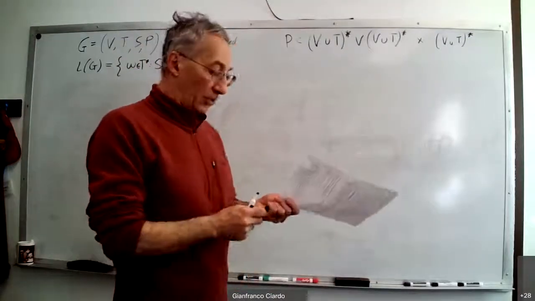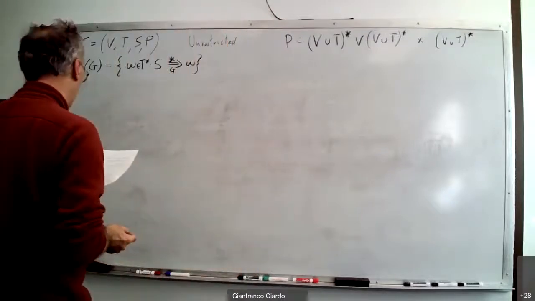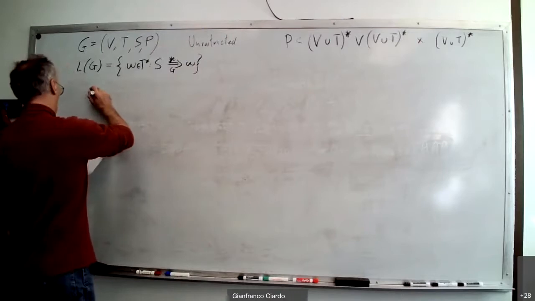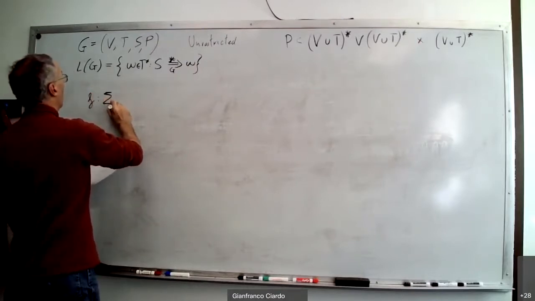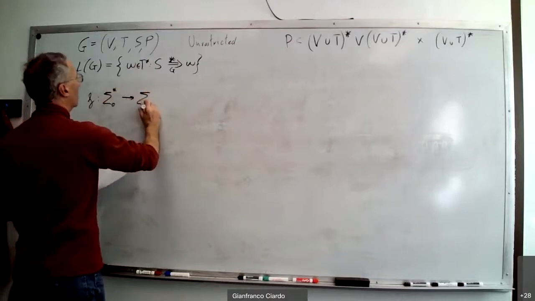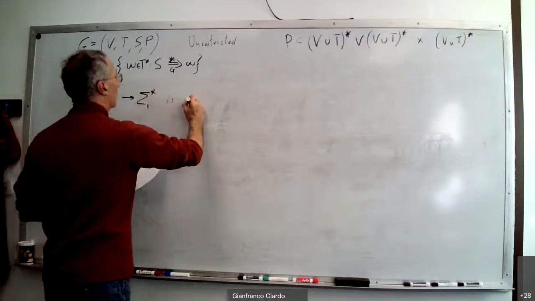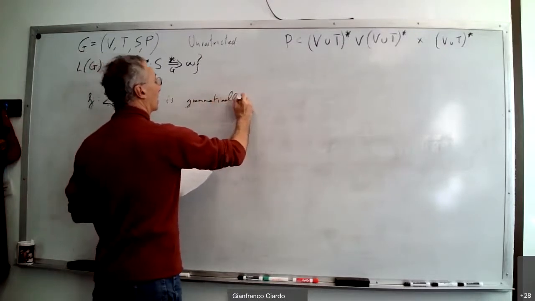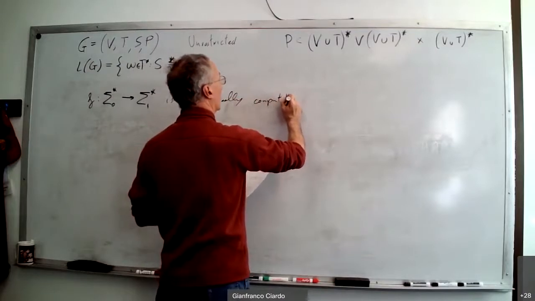Well, guess what? I can use grammars, unrestricted grammars, the same way, right? So we say that the function from sigma 0 star to sigma 1 star is grammatically computable, right?